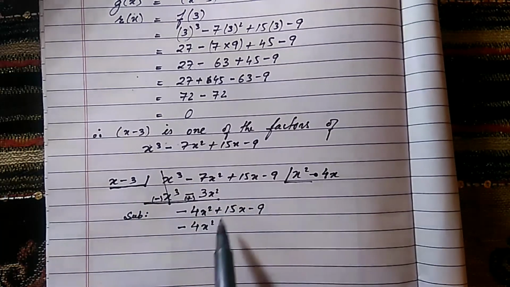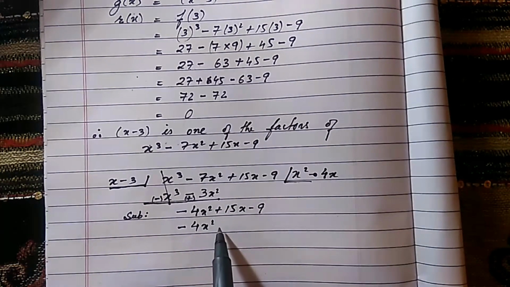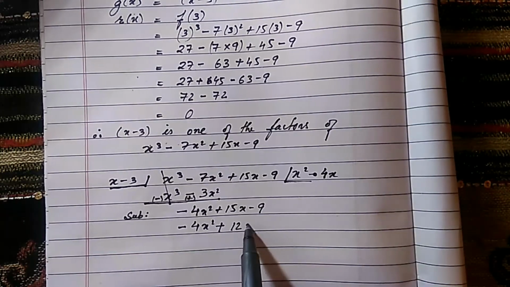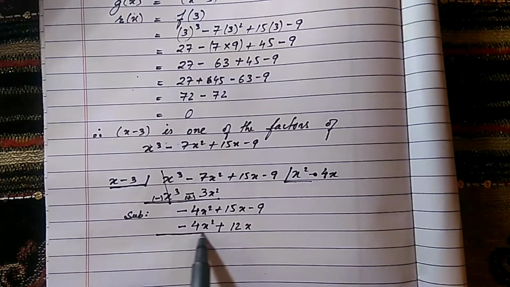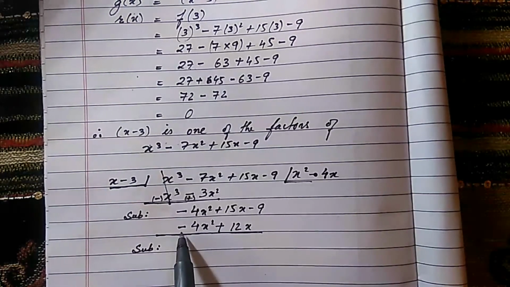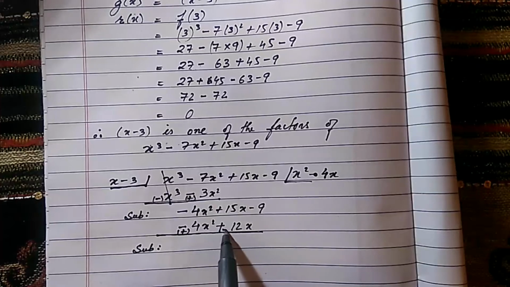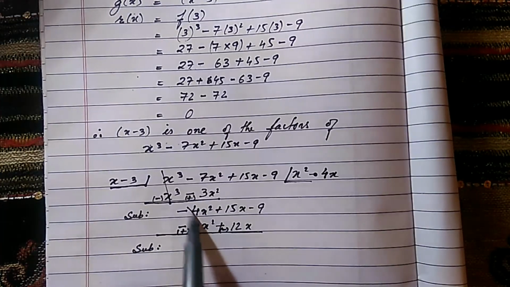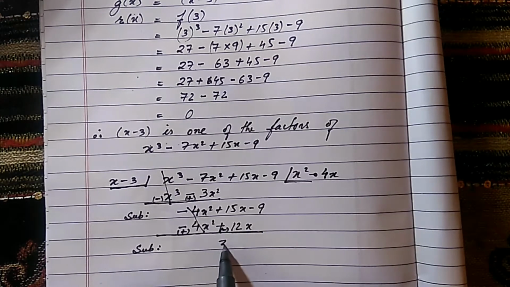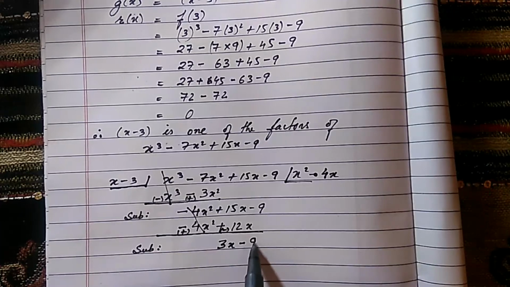So when we multiply, negative into negative will give me positive. 4 into 3 is 12 and x. Again we subtract this one, changing the sign. So when you change the sign, these two cancel out. Here I have positive 15x and negative 12x. The result will be positive 3x minus 9.